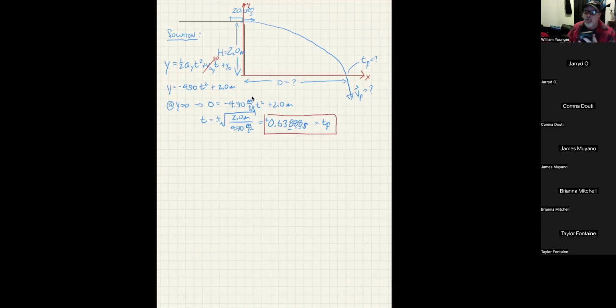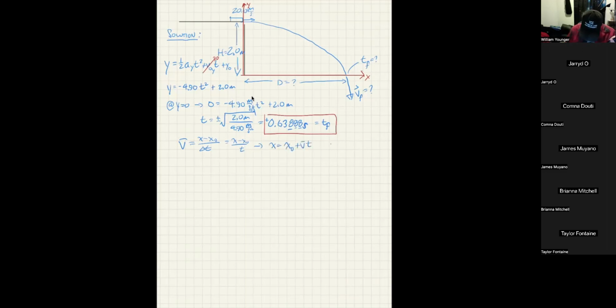Now, additionally, since I told you the motions are completely separate, that time is how much time the puck has to move horizontally at 20 meters per second. So now I can recall the kinematic equation: v bar is equal to x minus x0 over delta t, which we almost always called x minus x0 over t, which means that x is equal to x0 plus v bar t.